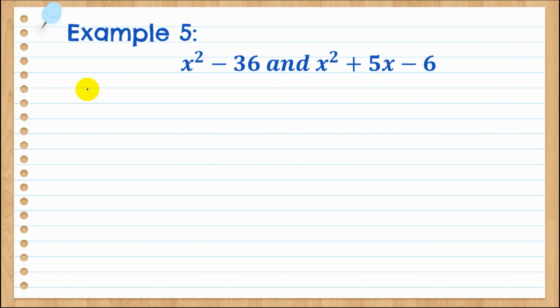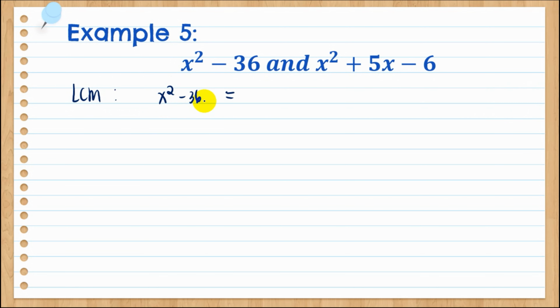So, we have x squared minus 36 and x squared plus 5x minus 6. So, for the LCM, again, kailangan natin ng factors. x squared minus 36. So, this is a binomial, and these binomials are perfect squares. So, bakit?